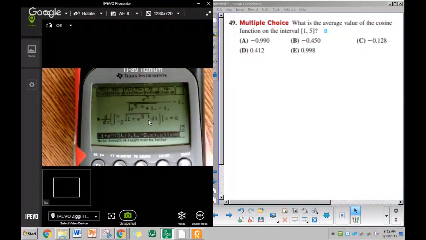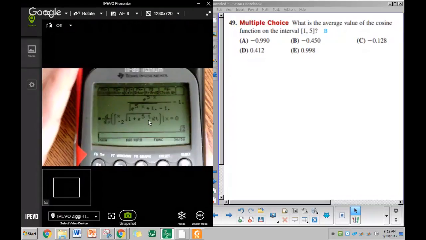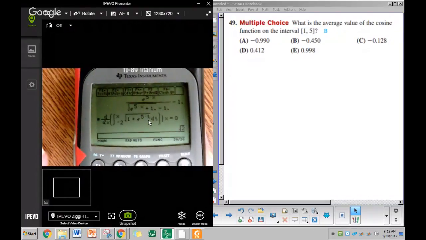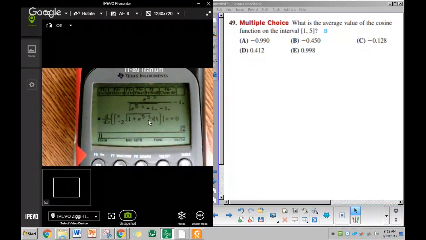Okay, so I'm turning on my calculator, and the average value formula is 1 over b minus a. So what is 1 over b minus a in this case? 1 divided by 4 times the integral.